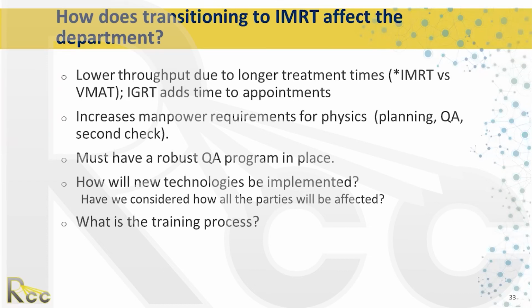You can also see if the patient's weight has changed dramatically and they possibly need a new plan, because with IMRT, it's more important that if their weight changes, they get replanned. Everybody should be trained for IMRT and image guided and have a good understanding of how IMRT affects the department.